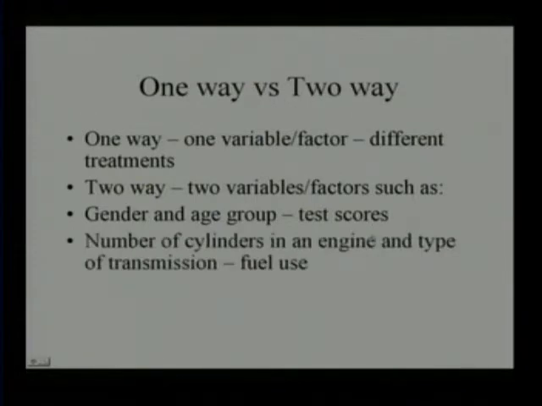For you guys, we could do fuel use to see how the miles per gallon changes based on whether we have 4, 6, or 8 cylinders in an engine, and whether the transmission is automatic or manual.